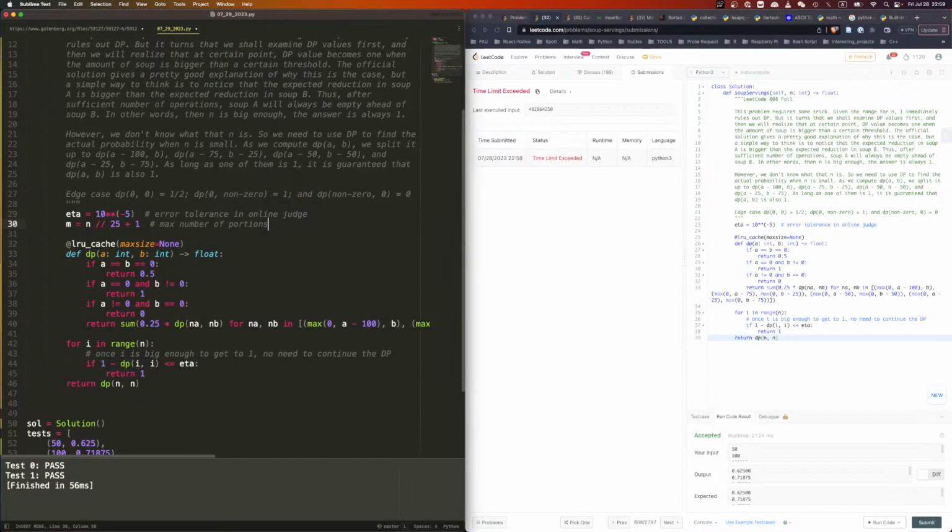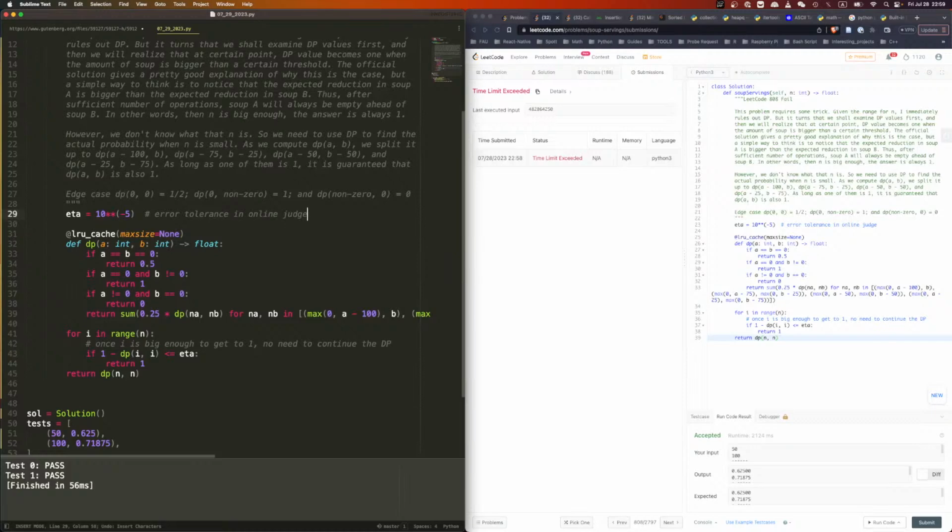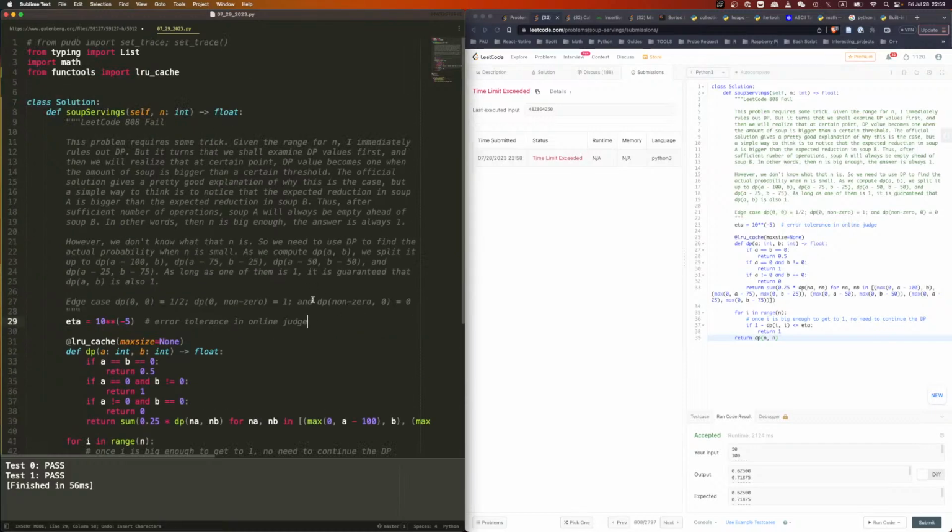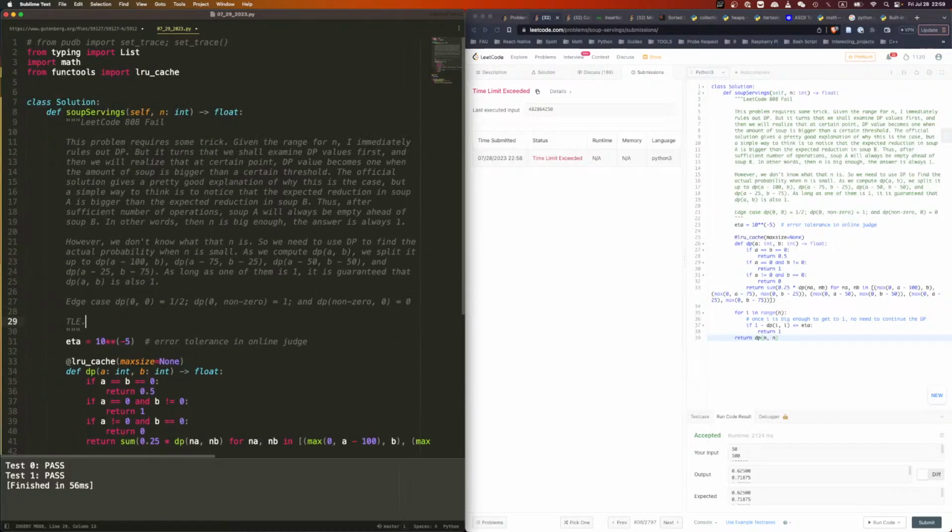How would this help? I'm not sure. Hold on. Let's not make a rush. Seems like directly handling the volume, the soup volume, is not working.